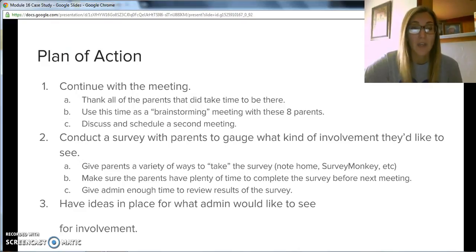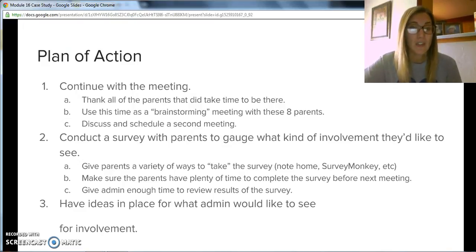I would use this as a brainstorming meeting with these 8 parents and talk closely with them to see what their ideas are and what they'd like to see in the future for parent involvement with the school. Then at the meeting, I would discuss and schedule a second meeting and make sure it's planned well in advance, so the parents that are there can make it to that next meeting and the parents that weren't able to make it have plenty of time to make arrangements.